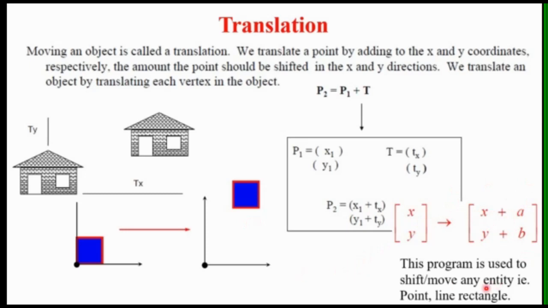This is used to shift or move any entity, that is a point, line or rectangle, etc. Therefore in this translation, the coordinates of the new position P2 equal the coordinates of the initial position P1 plus this translation matrix, transformation matrix T. So in translation, this matrix is added to the initial coordinates.